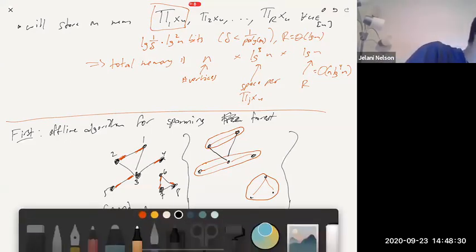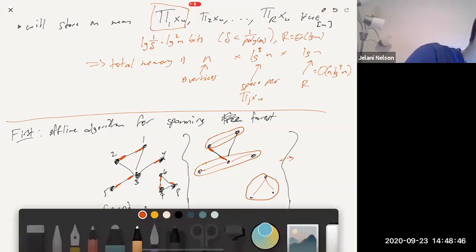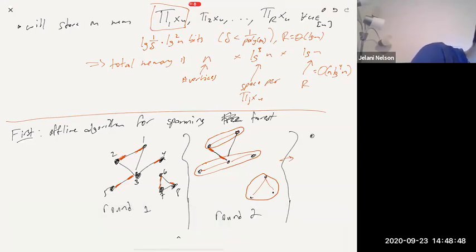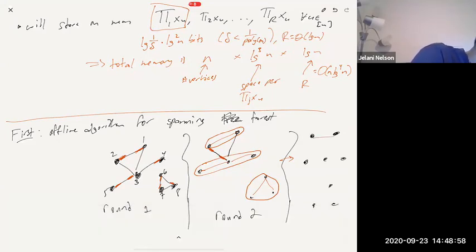So maybe they both pick this one. And then now I'm done, basically, right? Now my blobs are the connected components.